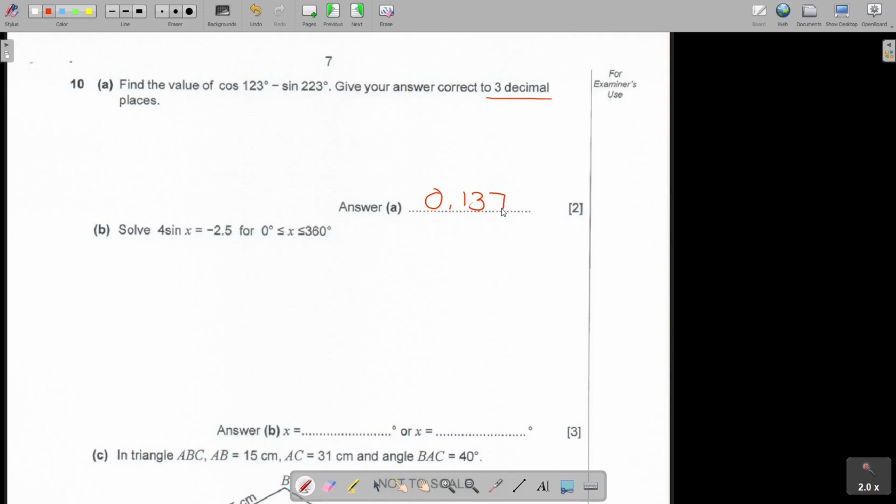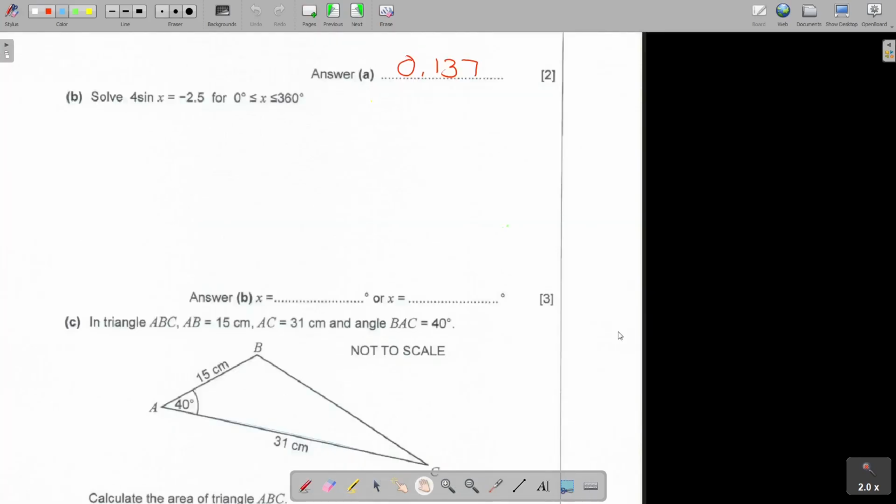Cos 123 minus sin 223 equals. My calculator was saying 0.13735. So the fourth digit was 3, and that's why it stayed a 7. Okay. So that is very, very simple and easy.